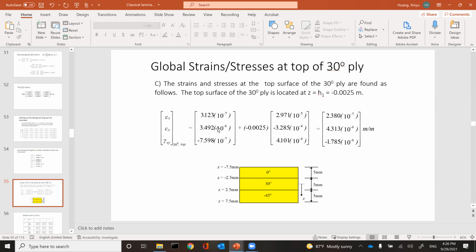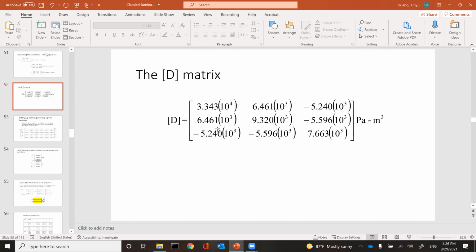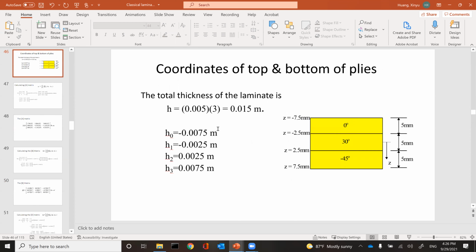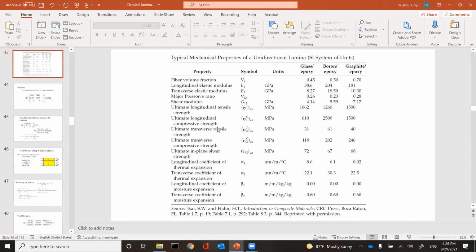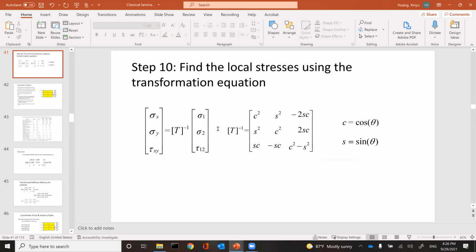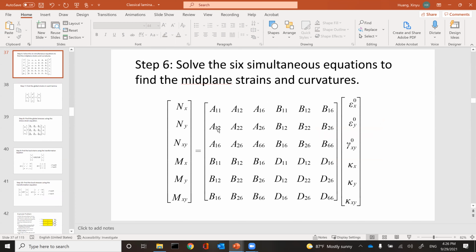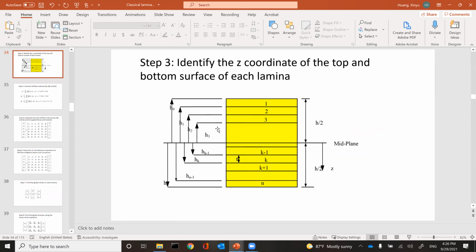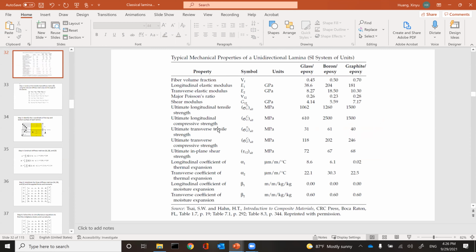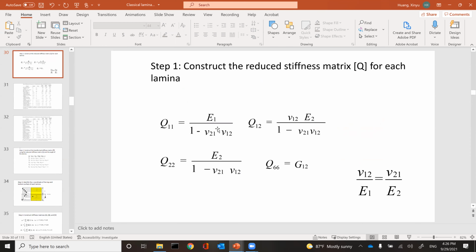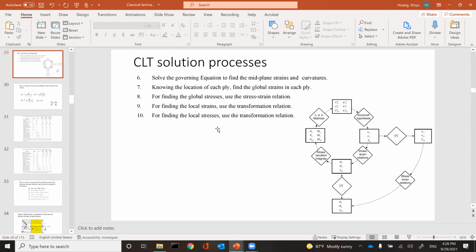Okay. All right, and then back to our maps. The next thing is to calculate stress, I believe. All right.